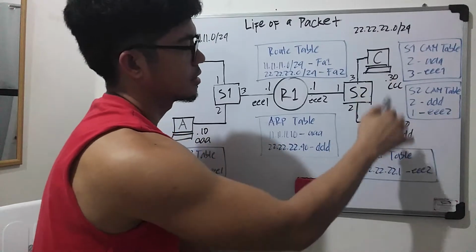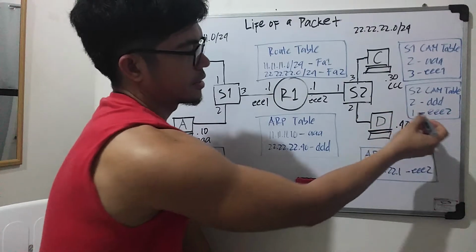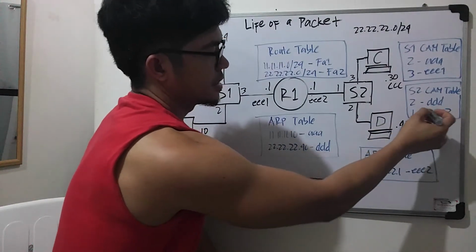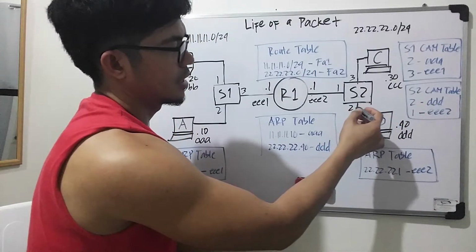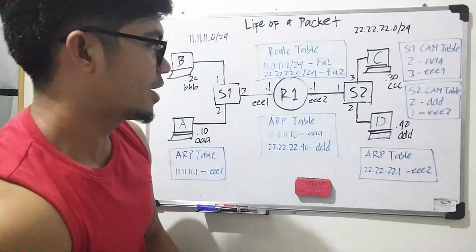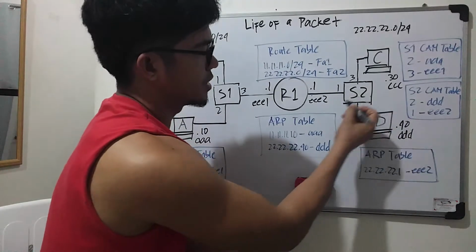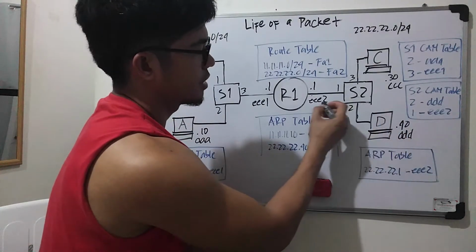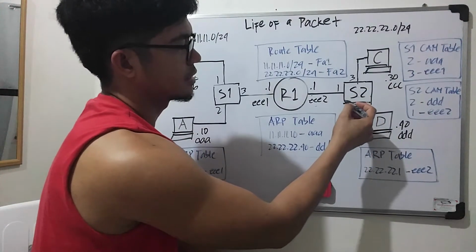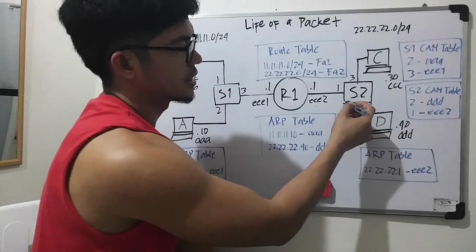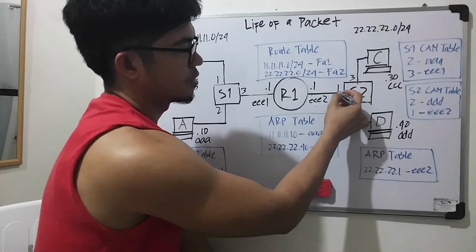So basically this MAC address DDD lives on port 2, and by the way, the destination MAC address will be this MAC address. So that's why switch 2 is going to know that it's going to forward that ARP response to this port here, port 1.